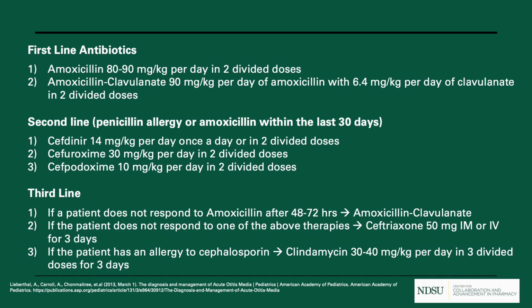So if they don't respond to those second-line agents or one of the first-line agents, you could try ceftriaxone as a 50 milligram IM or IV for 3 days. And then lastly, if a patient has an allergy to cephalosporin, you could try clindamycin, and that would be 30 to 40 milligrams per kilogram per day in 3 divided doses for 3 days.